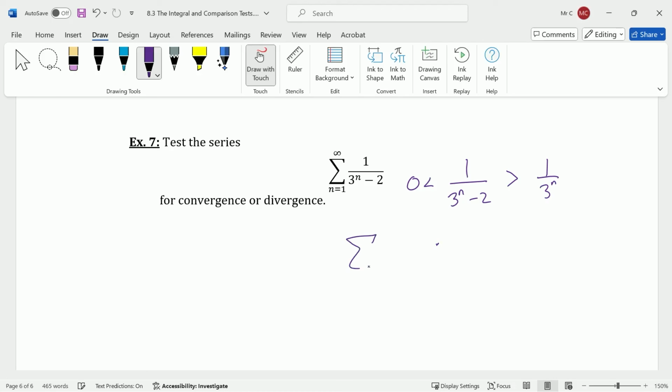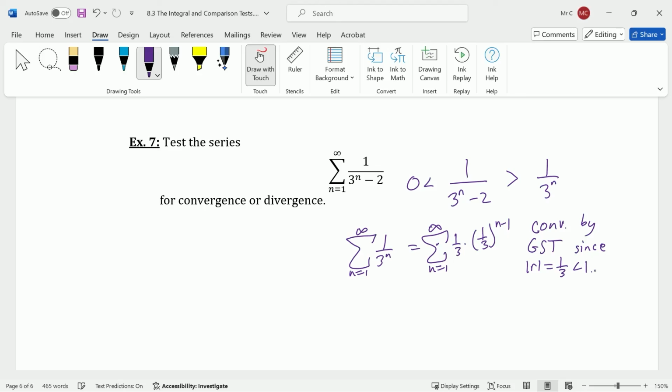I know that the series 1 over 3 to the n, which I can write as the sum from n equals 1 to infinity of 1/3 times 1/3 to the n minus 1 power, converges by the geometric series test, since the absolute value of r is 1/3, which is less than 1.